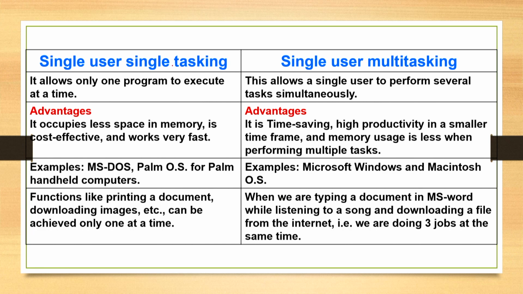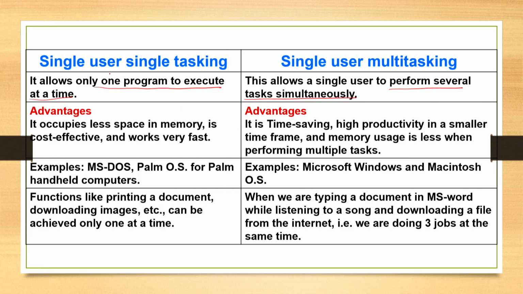In the case of single user single tasking, it allows only one program to execute at a time. That is why its name is single user single tasking. Whereas, in the case of single user multitasking, it will allow a single user to perform several tasks simultaneously.